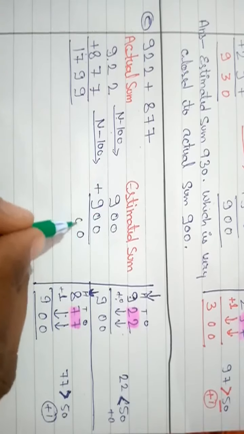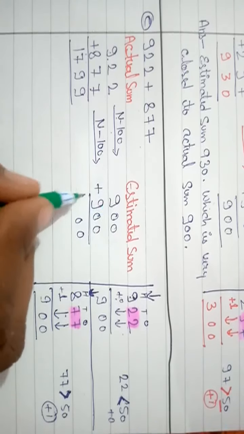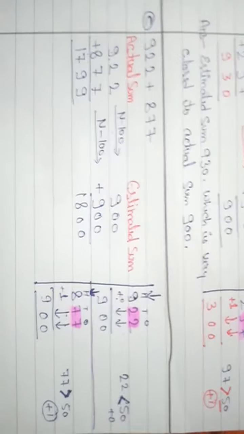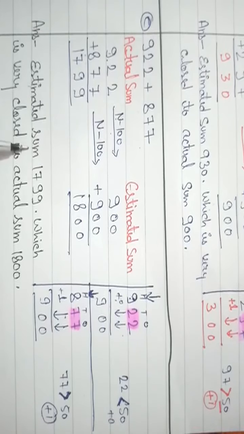So 0, 0 and 9, 18. So the estimated sum is 1799, which is very close to the actual sum 1800.